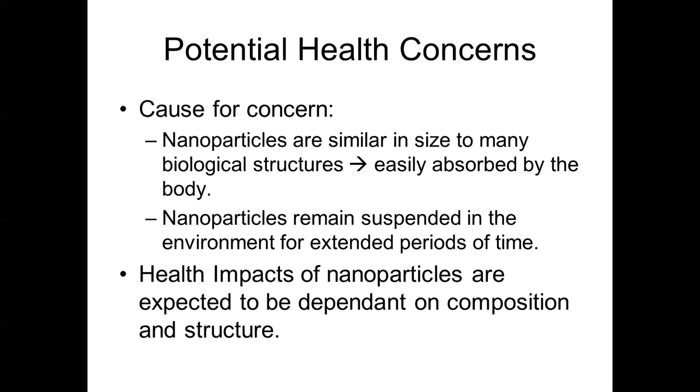So generally, the portals on a cell are able to take in sizes around 100 nanometers. Endocytosis, which is passing through the cell wall or being engulfed by the cell wall, generally occurs at about 100 nanometers or less, somewhere around in there.